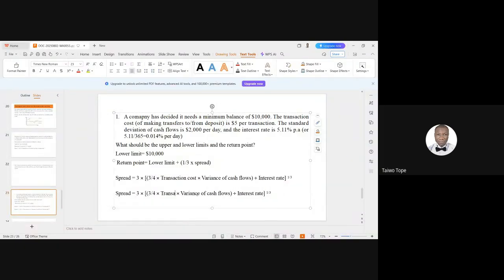The transaction cost is $5. Variance of cash flow is what? The standard deviation of cash flow is $2,000 per day.